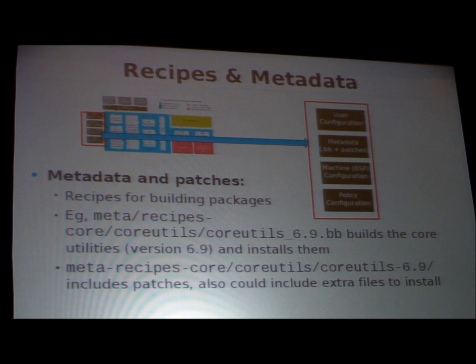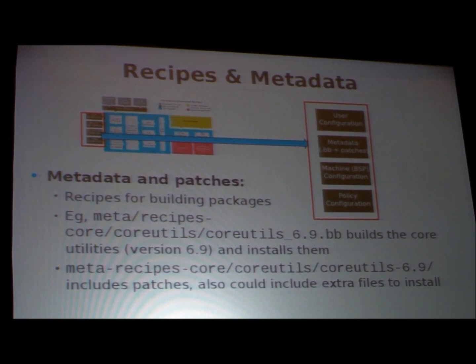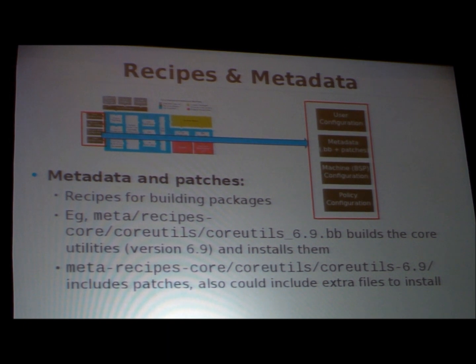So the recipes and patches, the recipe metadata and patches, the recipes are the core to how you actually build Yocto. How you actually build a distribution for the images using Poky and BitBake.